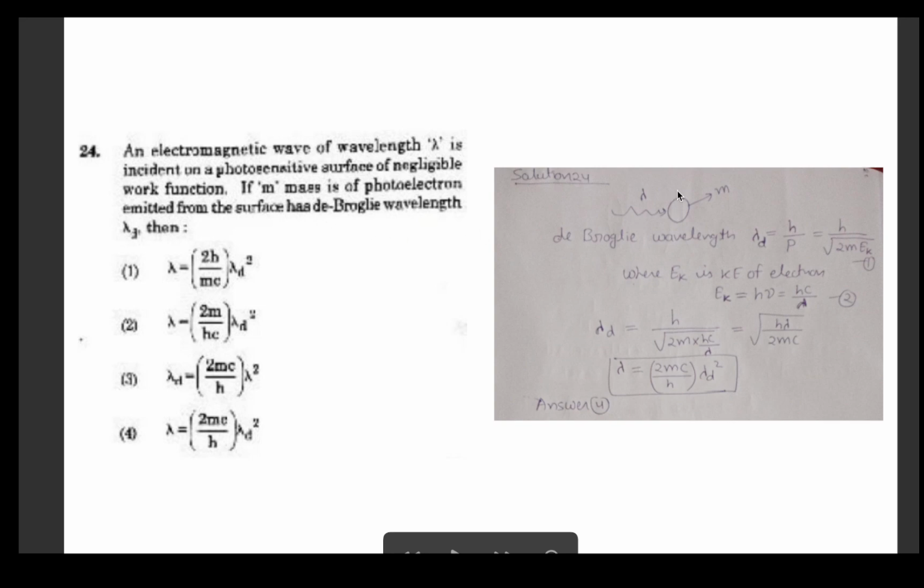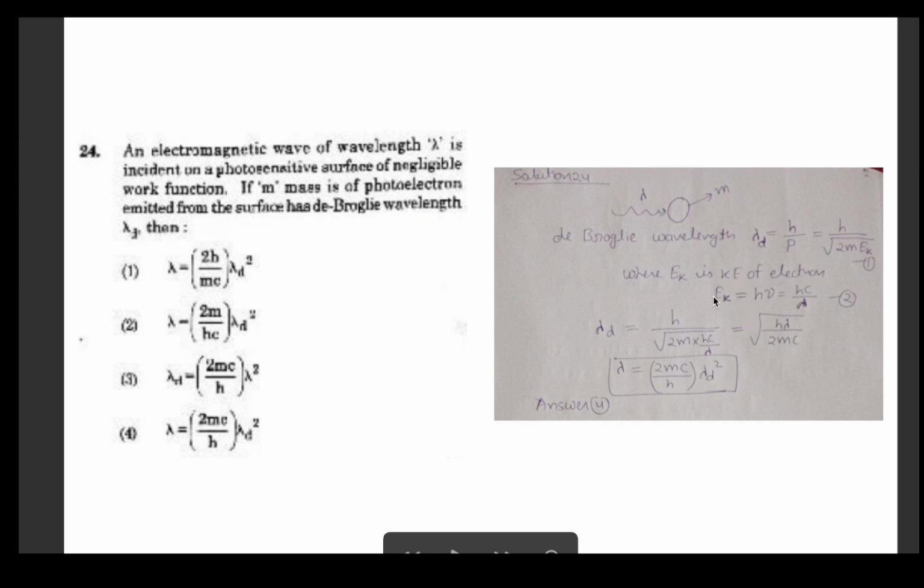If m is the mass of the photoelectron emitted from the surface, it has de Broglie wavelength lambda d. We know the de Broglie wavelength lambda d is equal to h by p, and we can write p in terms of energy as square root of 2m Ek, where Ek is the kinetic energy of the electron.